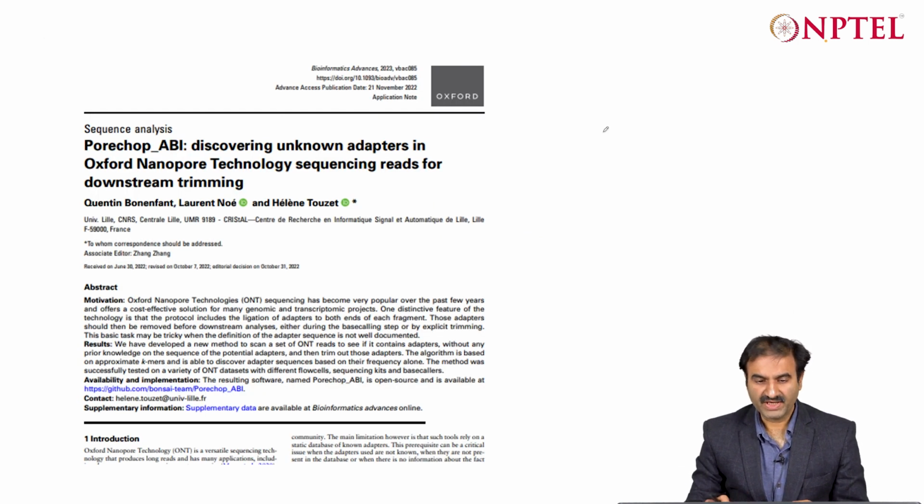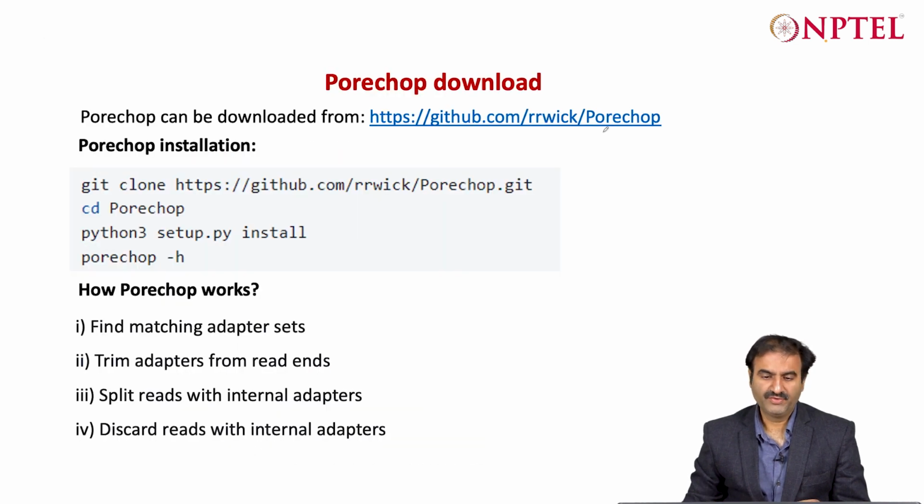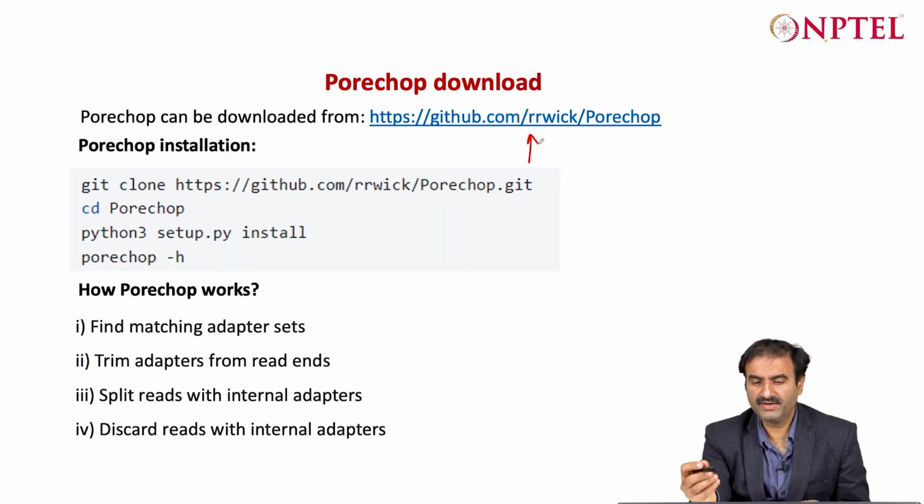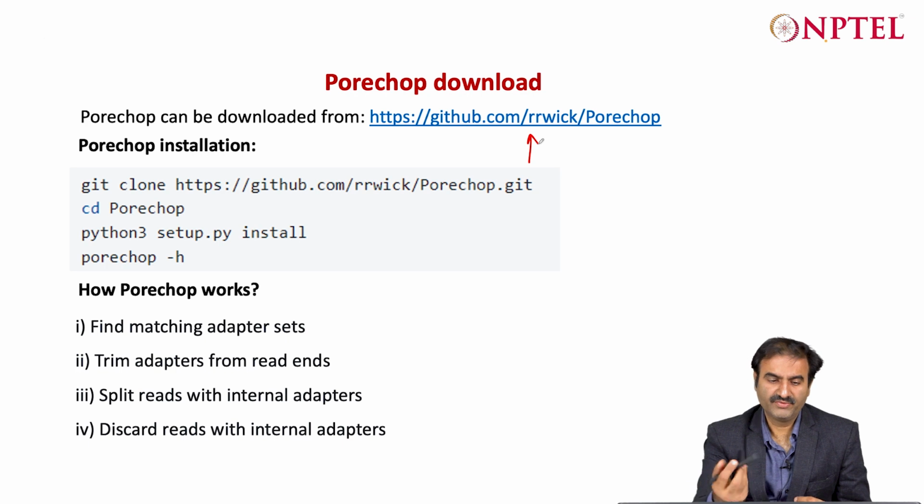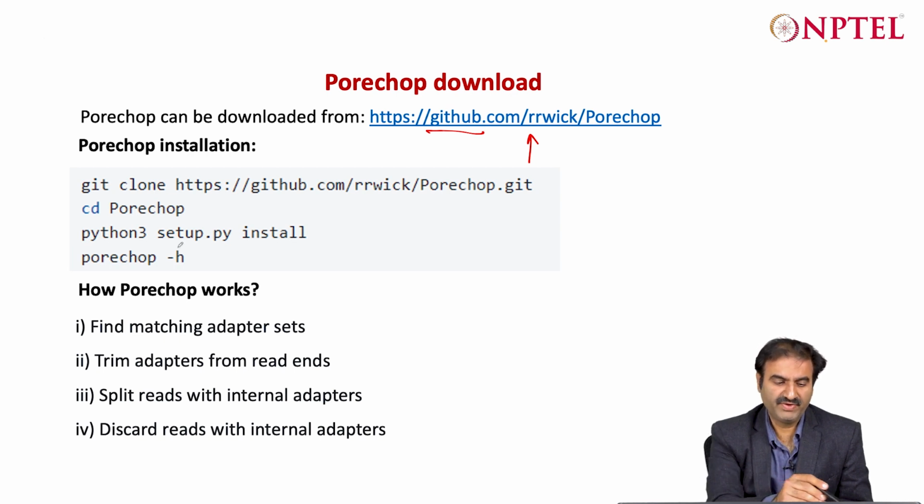So it was published in Bioinformatics Advances, and it is a commonly used tool for removing the adapters from ONT Nanopore data, right? You can download it from GitHub, and we also covered that while we were doing Linux, I think. It can be downloaded from GitHub, which is the repository for mostly all the programs, and then you will install it.